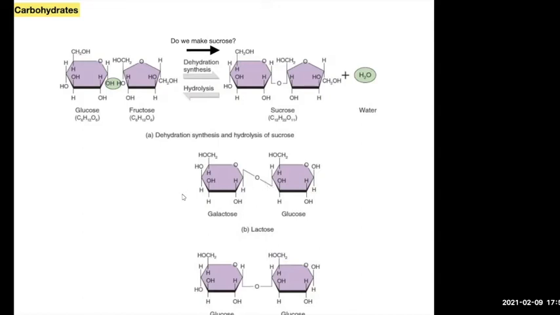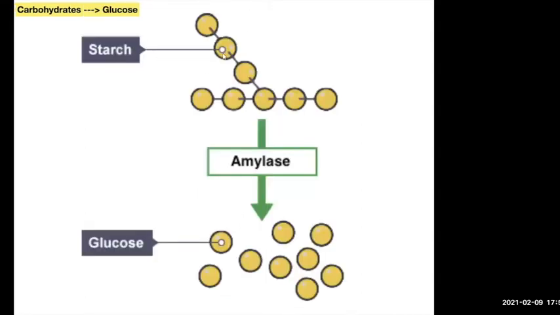Our main interest is when we eat starch, spaghetti, potatoes, whatever. Those are a bunch of glucose molecules strung together into this polysaccharide to form starch, in its various forms.